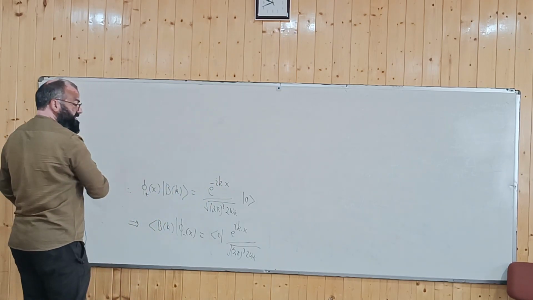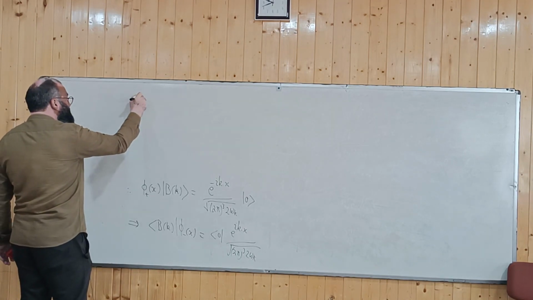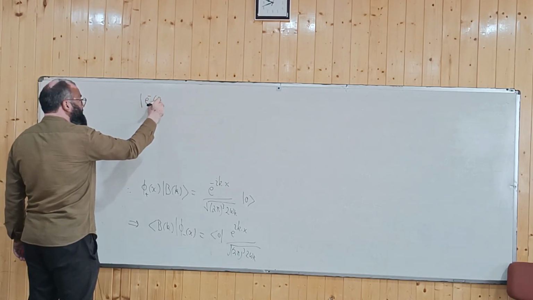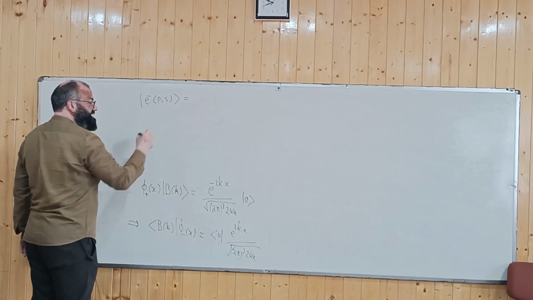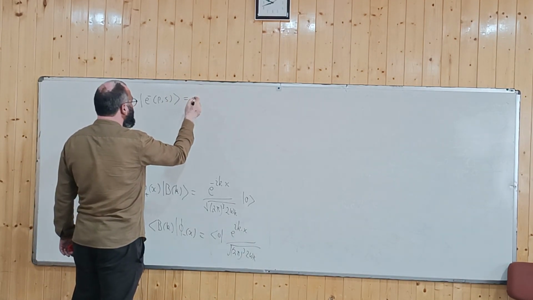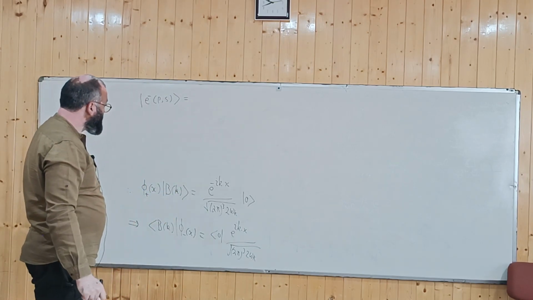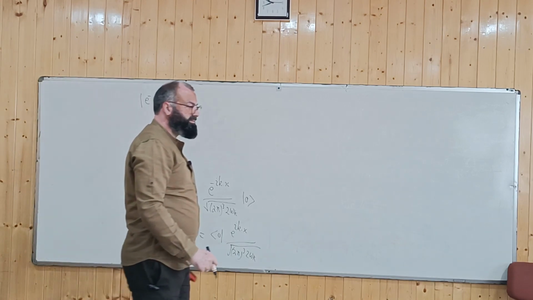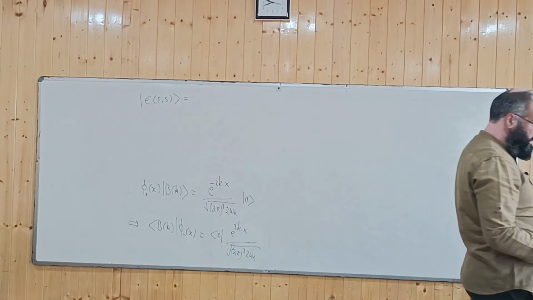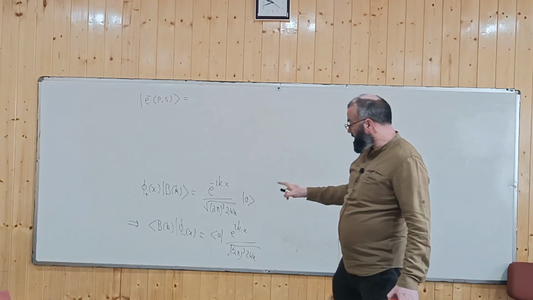Okay, so now let's take the fermion state. So how do you write it? Just to define it. Is there any factor missing? Yes, there is a missing factor.